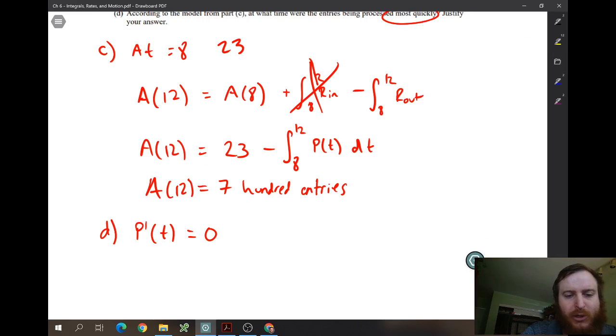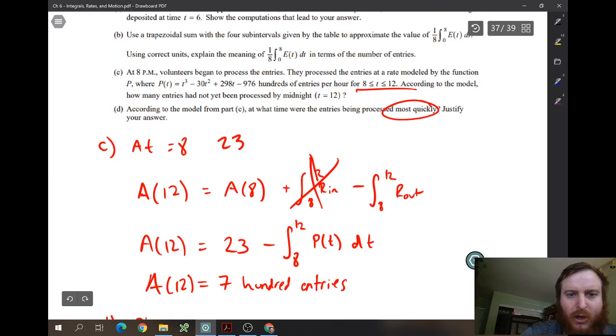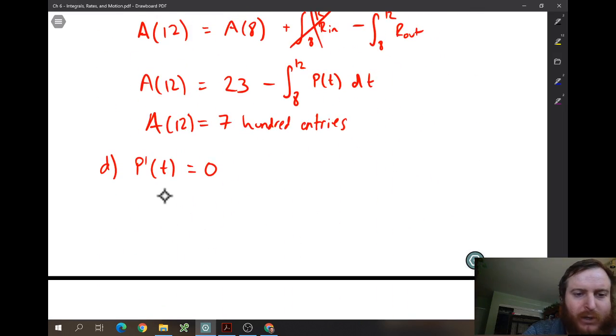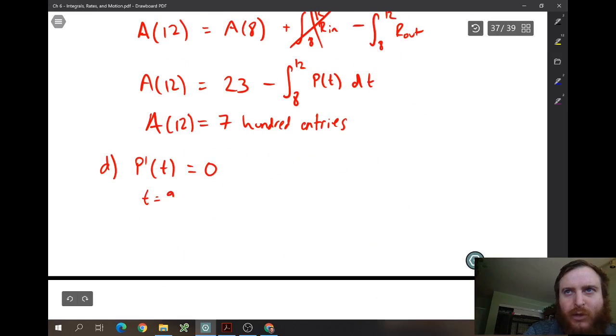On your calculator, you're just going to do the solve button, like solve this whole equation equal to 0, comma 8 less than t less than 12. Yeah, I did put calculator there, good. And so we do that and we get t equals 9.1835 or 10.8165.